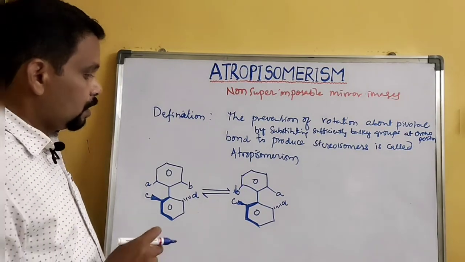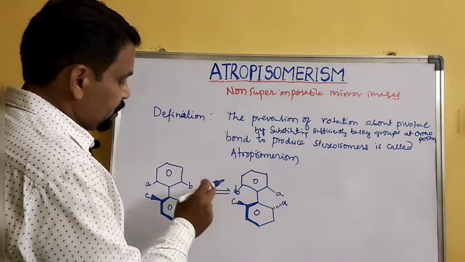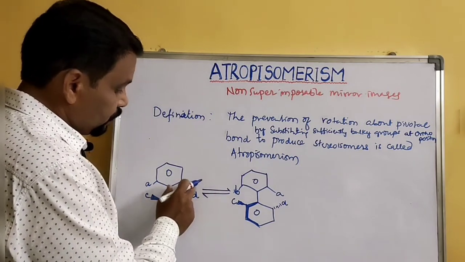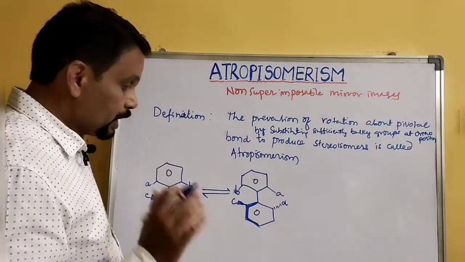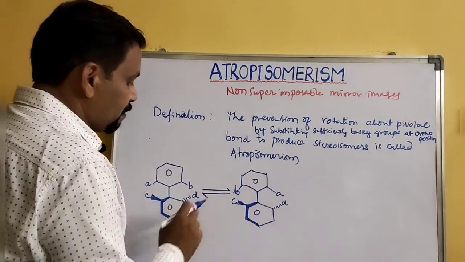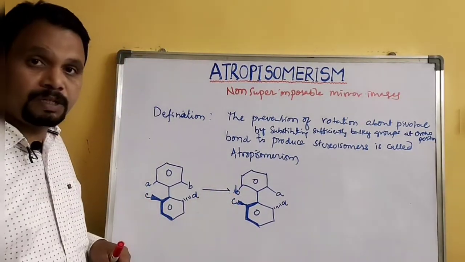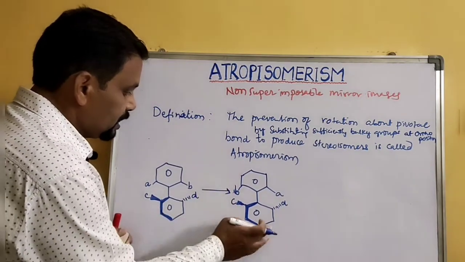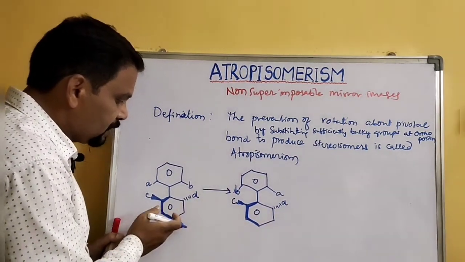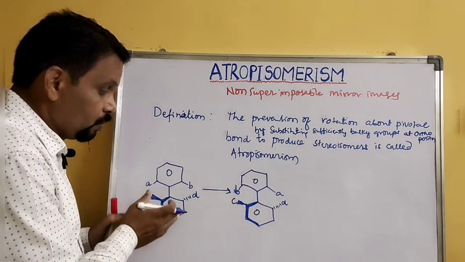So what we do in atropisomerism, we substitute bulky groups at ortho positions on the phenyl rings so that this will not come back to another isomer. So this will not convert back to this stereoisomer.